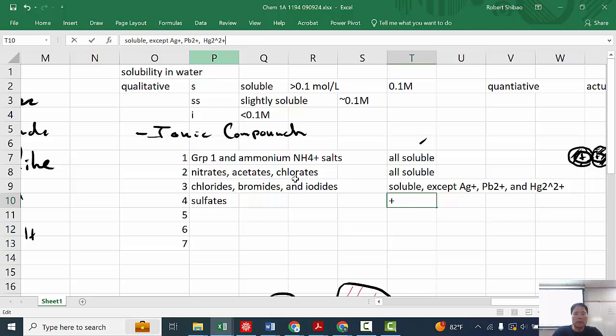Except for silver, lead, mercury, calcium, strontium, and barium.